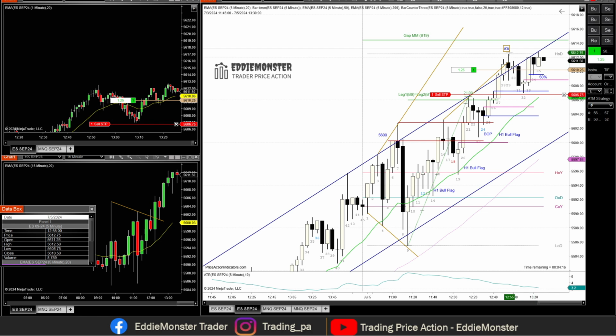Again, above 29 is a failed wedge. The idea was this 35 closing above 33, and it didn't do it. It could also be disappointing for bulls, right?